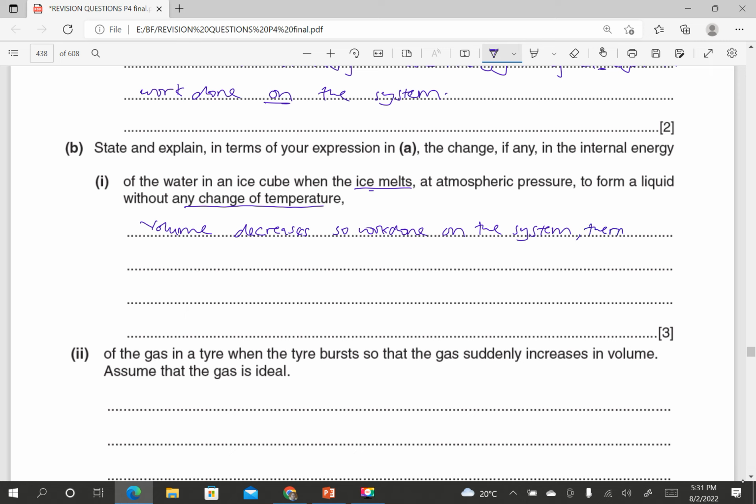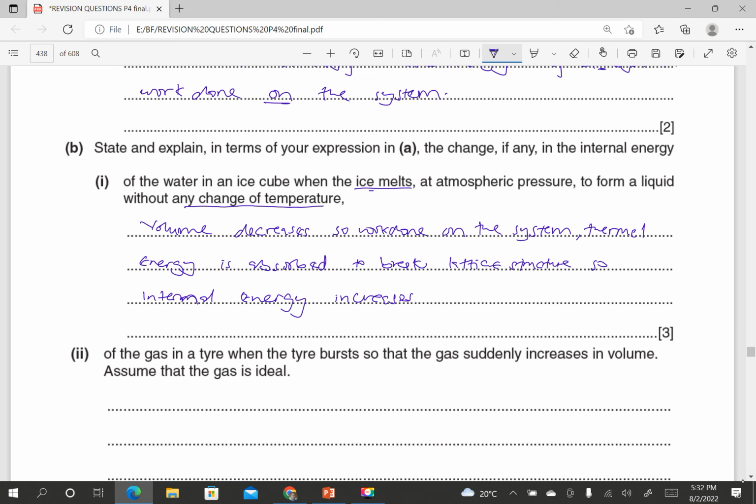Thermal energy is absorbed to break the lattice structure. So the internal energy increases. On the other hand, you can look at the volume change.